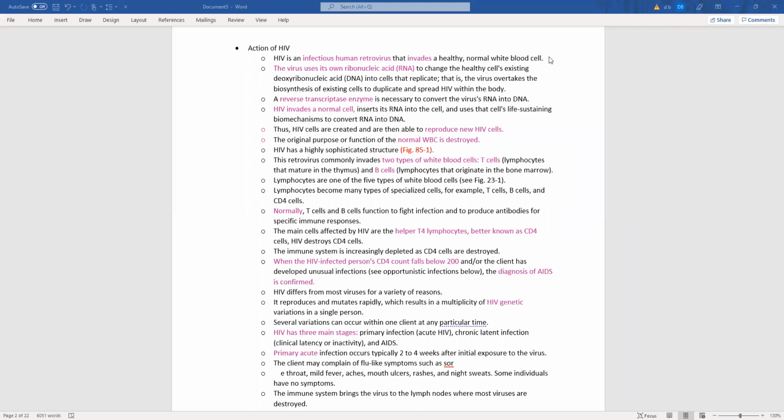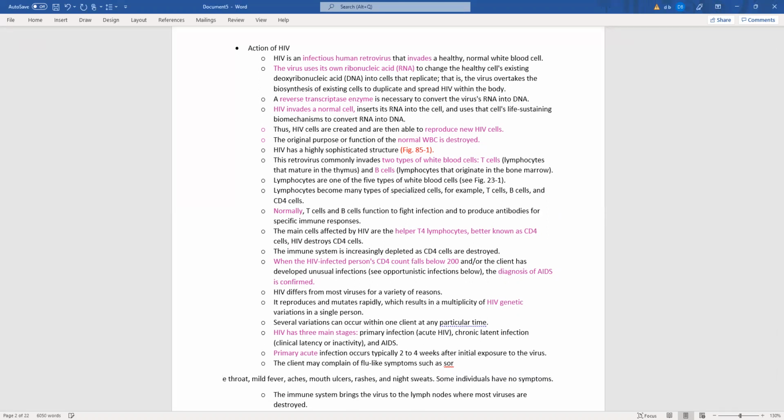But anyway, where it says primary acute infection, that's where we're going to start. With the primary acute infection, it occurs typically 2 to 4 weeks after initial exposure to the virus. Now, the client is going to complain of flu-like symptoms, such as a sore throat.